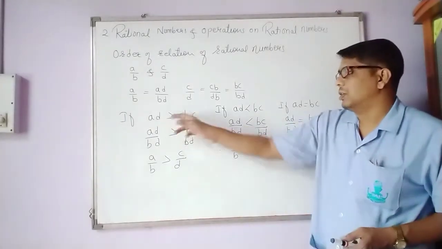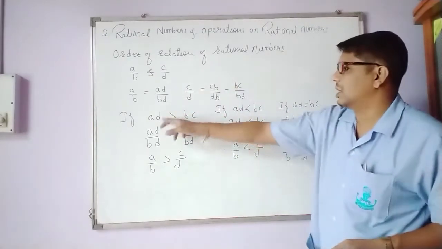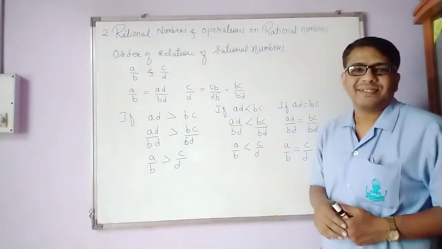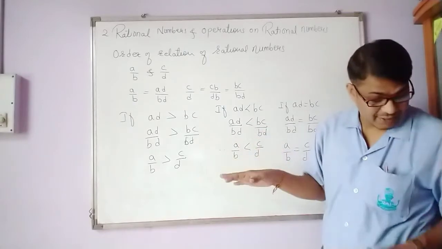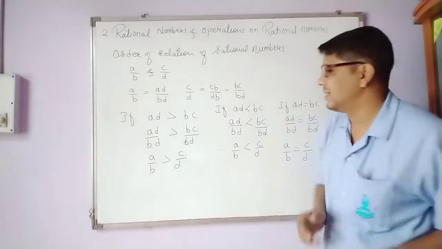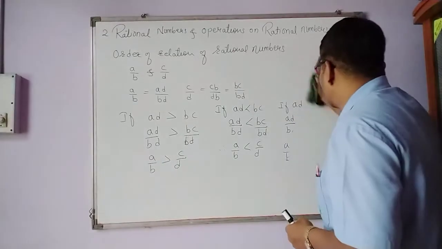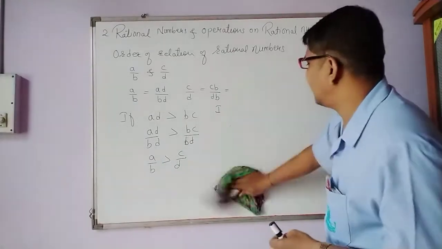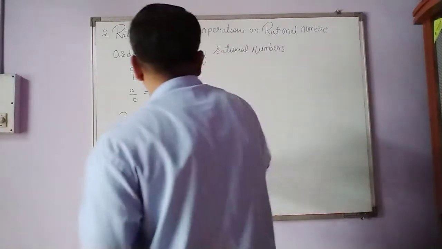Depending upon how this product comes, we can decide whether the rational numbers are bigger, smaller, or equal. In this way we can decide. I can take one example here so that you will understand.